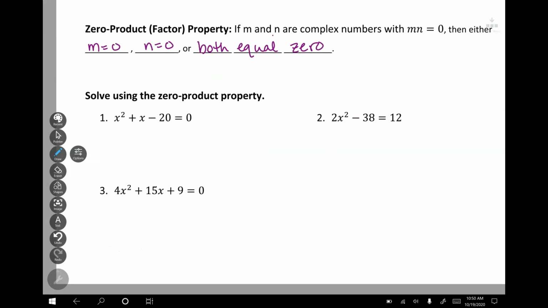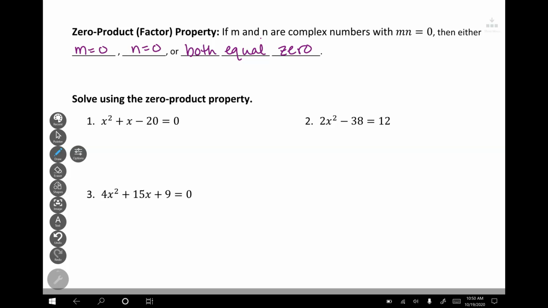Here's how we can use that. You can set the quadratic equal to 0, so move everything to one side, and then you can factor it.